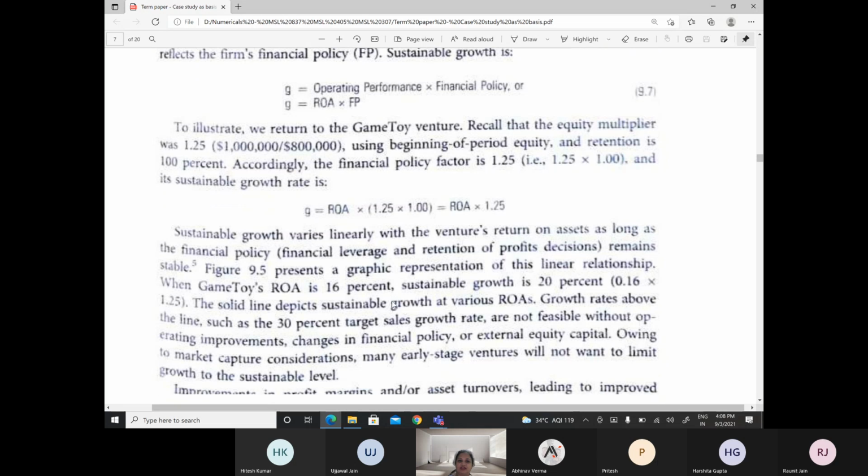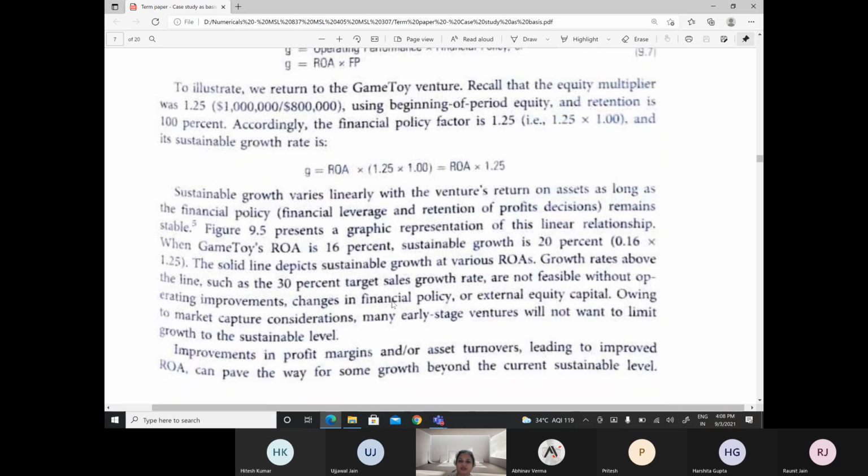To illustrate, we return to the game toy venture. Recall that the equity multiplier was 1.25 using beginning of period equity and retention is 100%. Accordingly, the financial policy factor is 1.25 and the sustainable growth rate is ROA into 1.25 into 1, that is equal to ROA into 1.25.